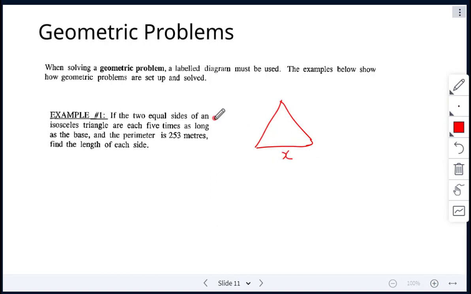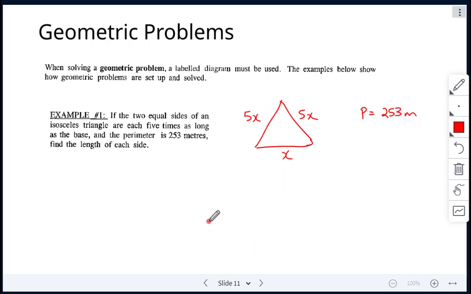Then the 2 equal sides are 5 times x, 5 times x. We also know the perimeter is 253 meters.